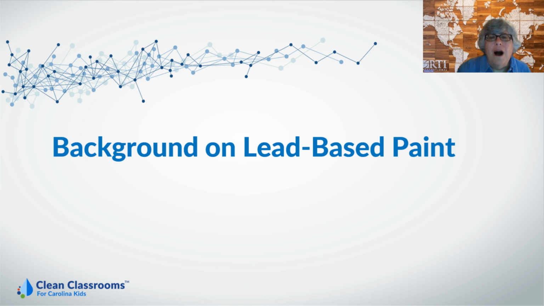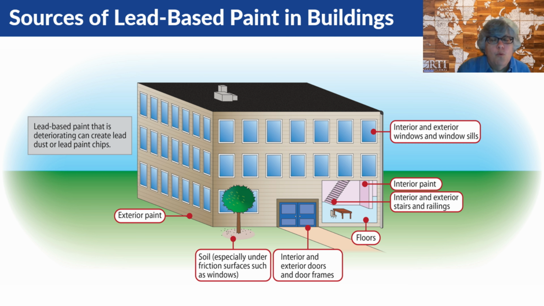Now, let's get into why we are focused on lead-based paint. First of all, what is lead-based paint and why is it found in some buildings? Lead is a naturally occurring metal that was previously added to paint for durability and appearance.